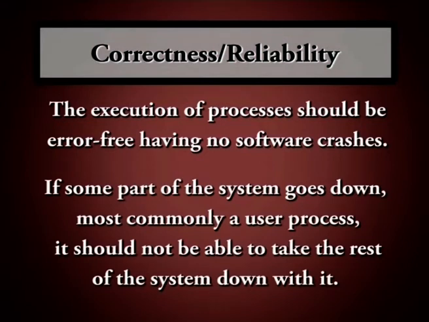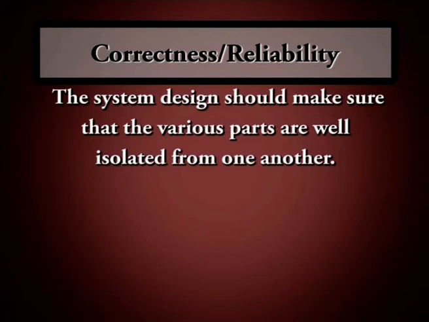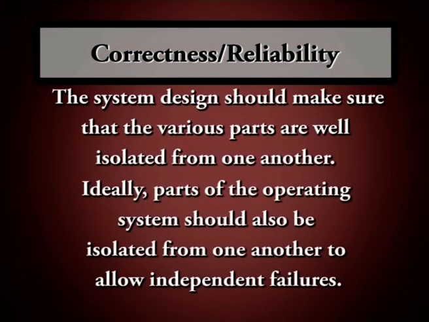If some part of the system goes down, most commonly a user process, it should not be able to take the rest of the system down with it. The system design should make sure that the various parts are well isolated from one another. Ideally, parts of the operating system should also be isolated from one another to allow independent failures.